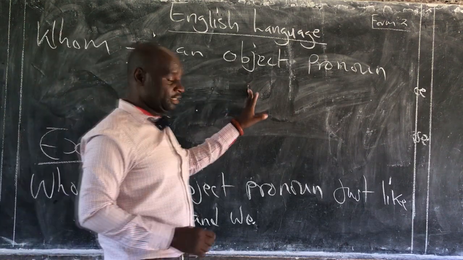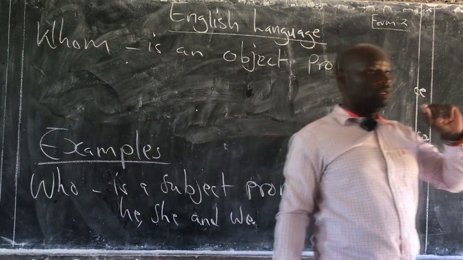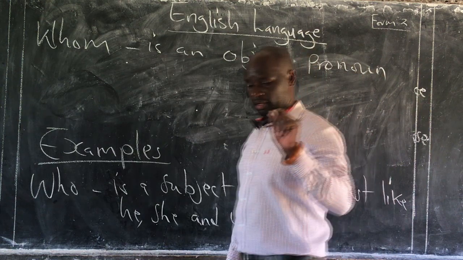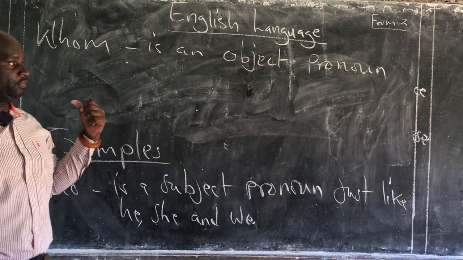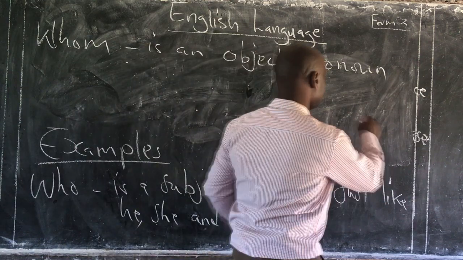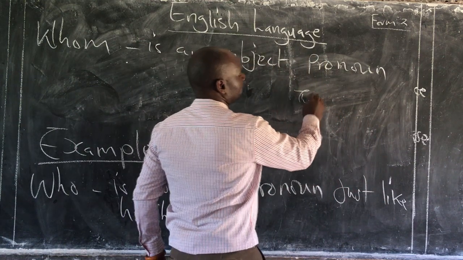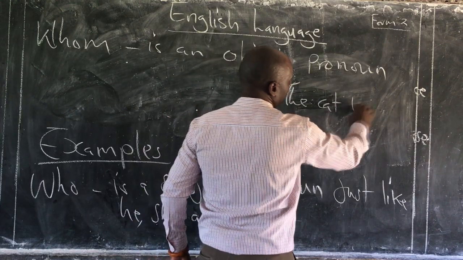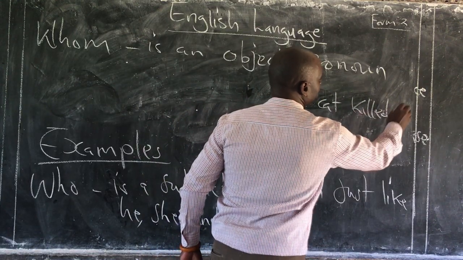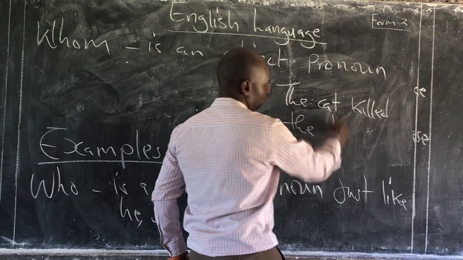An object in a sentence is something that receives the action of the verb in the sentence. For example, if you say, the cat killed the dog.